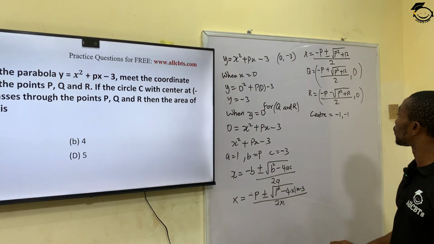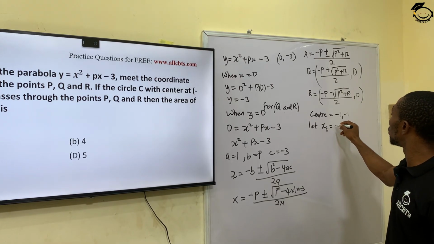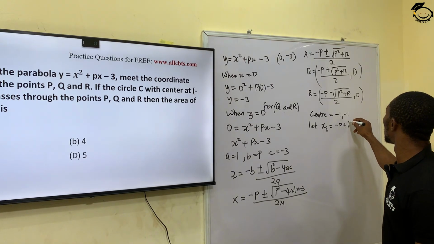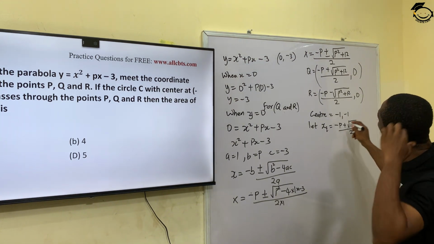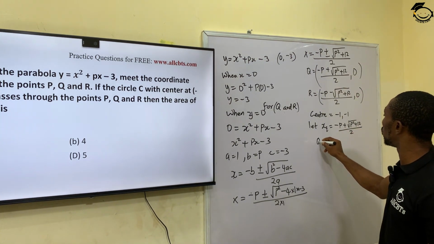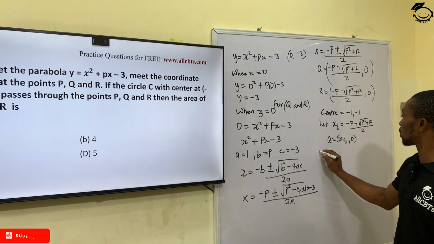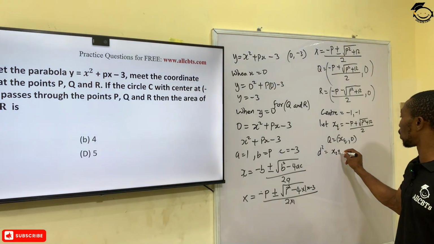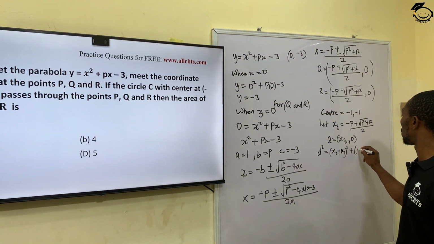All right, now let S cube be minus P plus root P squared plus 12 over 2. Okay? So from here, we can have Q equals S cube and 0. So using our distance formula, d squared equals x2 minus x1 all squared plus y2 minus y1 all squared.